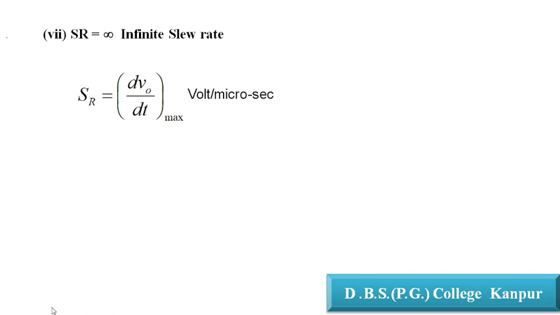Slew rate decides the shape of the output voltage wave provided by the device. Slew rate means the maximum rate of change of the output voltage.